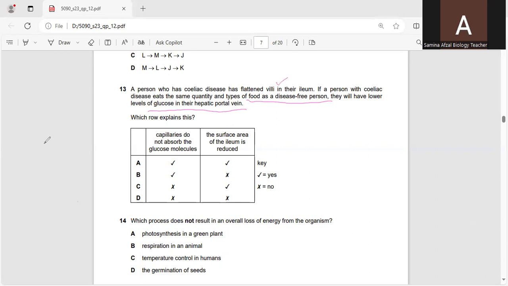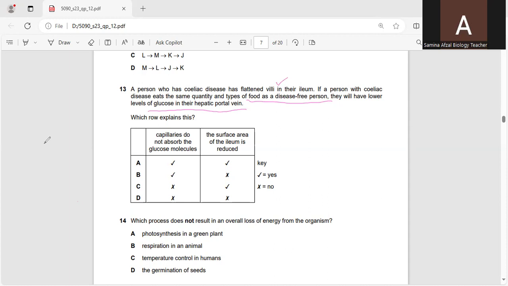Villi are flattened. And if he is eating the same type of foods as the disease-free person, he will have lower levels of glucose in the hepatic portal vein. According to this, capillaries do not absorb the glucose molecules. Villi increase the surface area for more absorption.